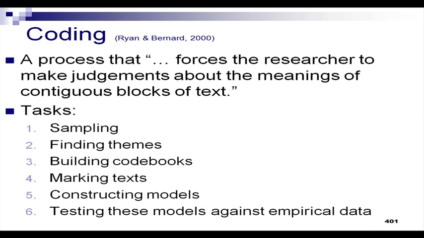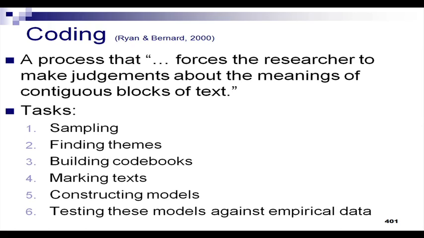Then we mark the text with references from code books, and we use these marked texts. We use the information that we garner from these marked texts to build models, to construct models that relate to the theory that we are talking about. And then we test these models against empirical data. That is the whole process that we will be discussing. Okay.